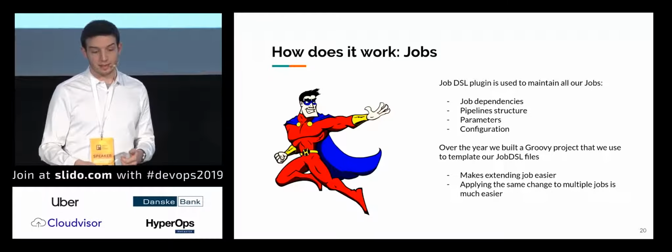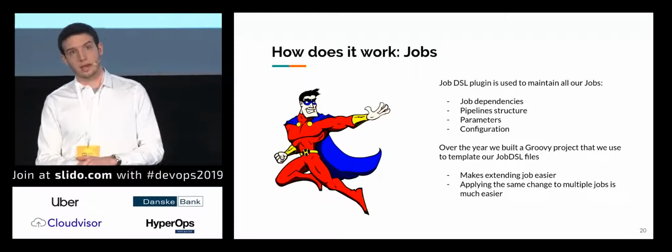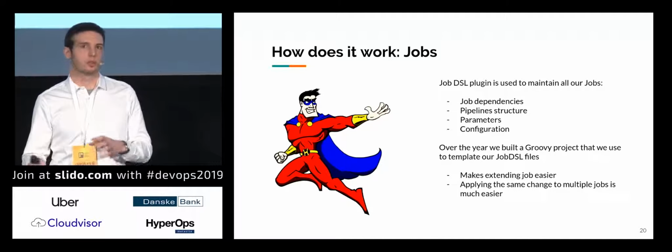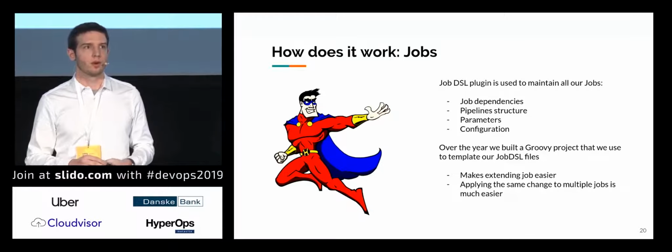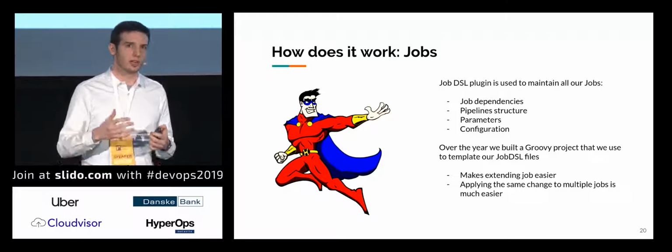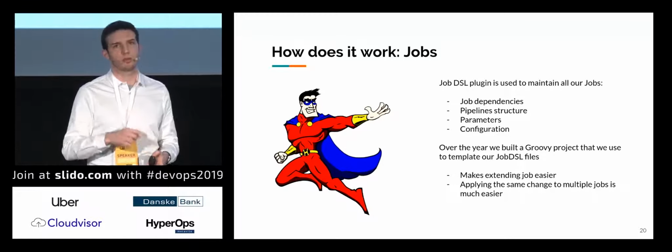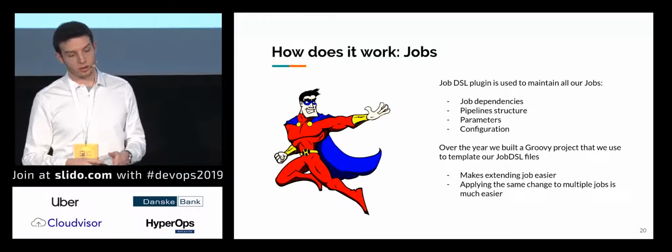This makes extending jobs much easier, and whenever you need to apply the same change to a different set of jobs, that's also quite easy. I don't know if you ever had the opportunity to change multiple jobs in Jenkins, but going through the UI, it's really hard and takes a lot of time.